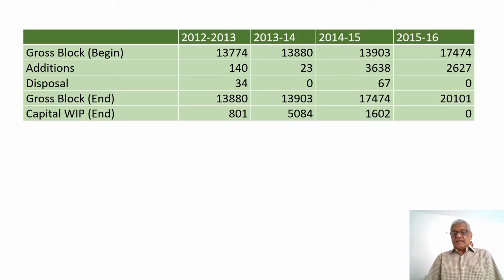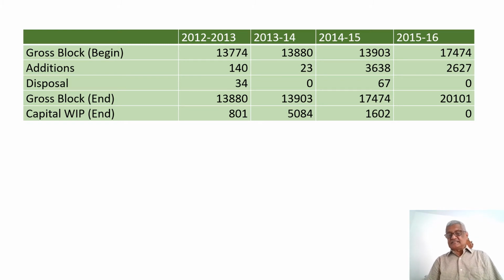It could be either unusable or it has already run its life, so they are selling it. The gross block at the end will be the opening for the next year. Additions worth 23 were made, but there was no disposal. So the closing balance was 139.03. That becomes the opening balance for 2014-15.